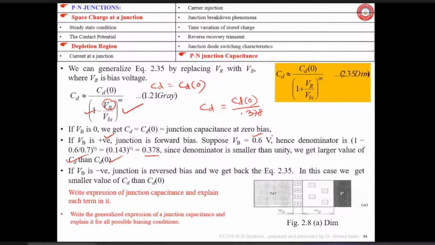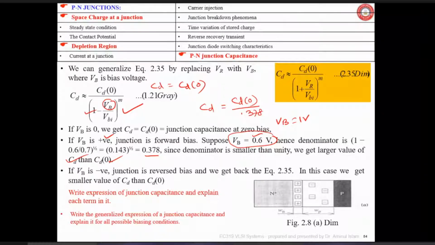Larger value. Something I have written here: VB equals 0.7. Can we write VB equals 1 volt? We will get even more capacitance. Should we apply this much voltage in the case of your MOSFET? I am talking about MOSFET. Say something.